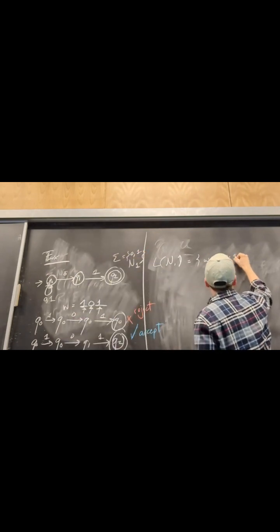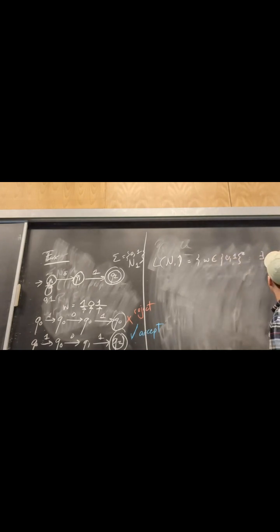So this is all the strings in {0,1}* for which there exists a successful computation for N1 when reading W. Okay?